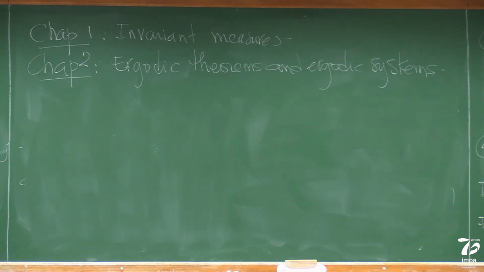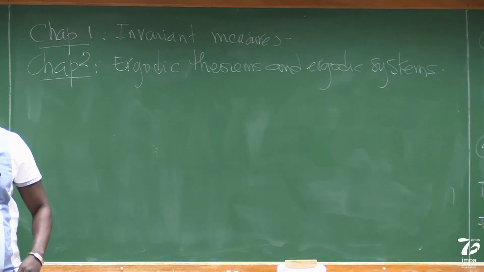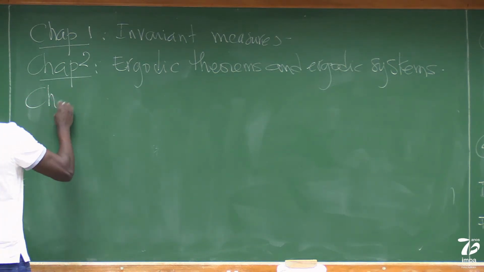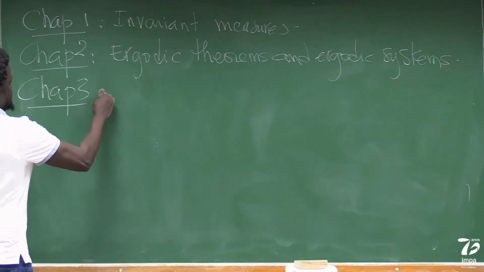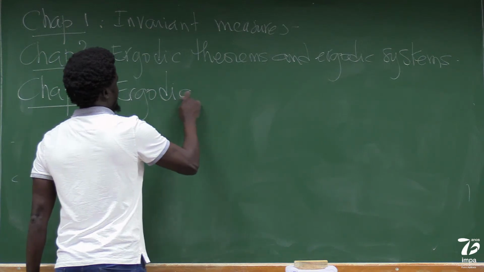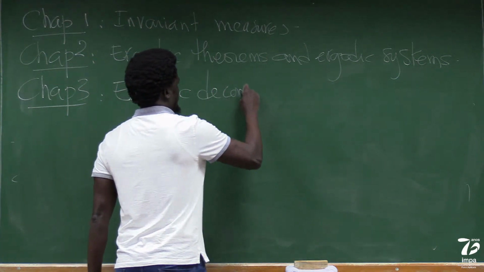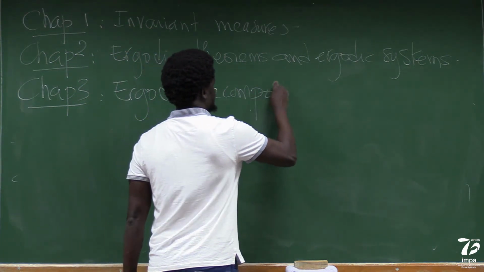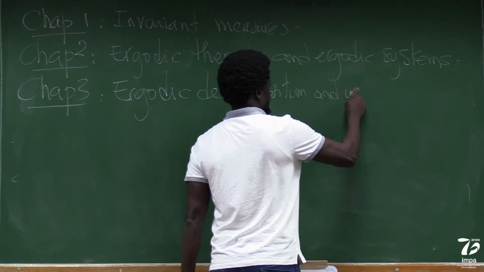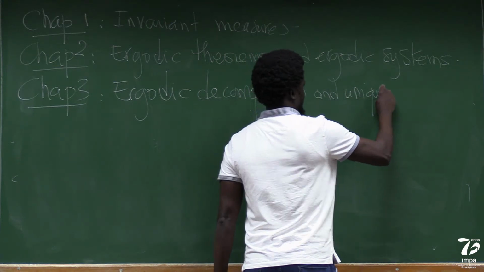Maybe there's no time to come back, but we will see it during the chapter. And in chapter 3, we will see ergodic decomposition, as I said, and unique ergodicity. So this is also something very important.